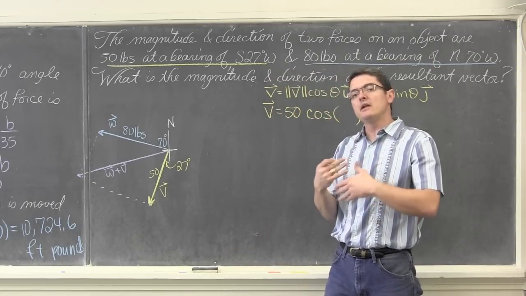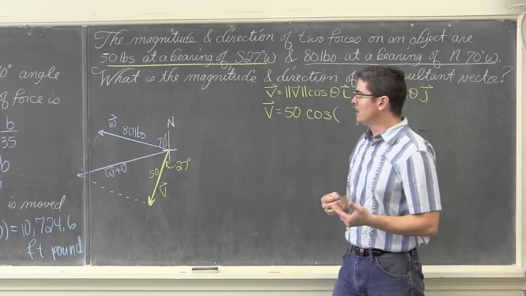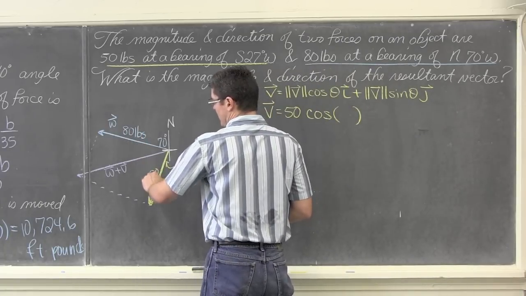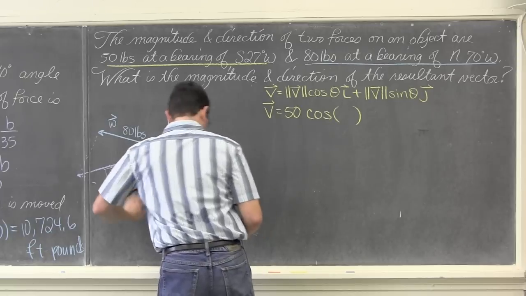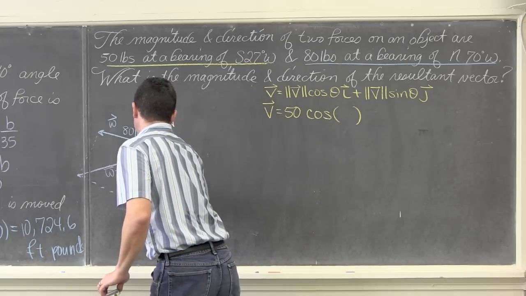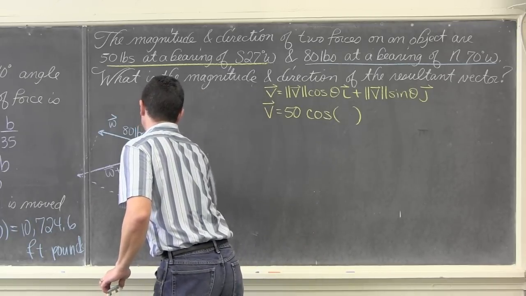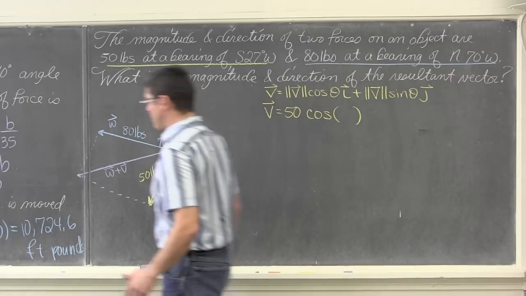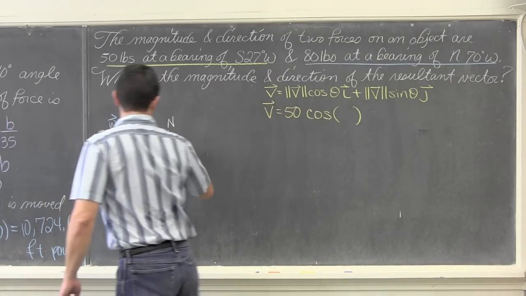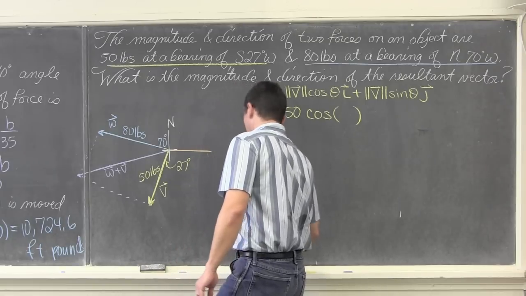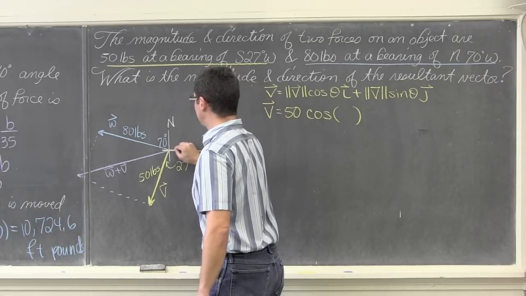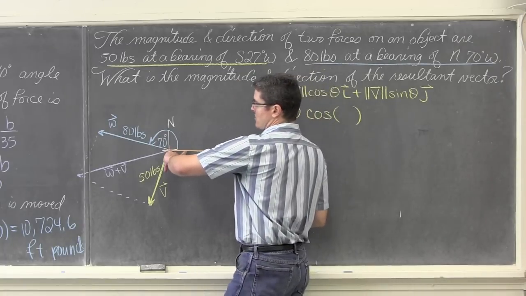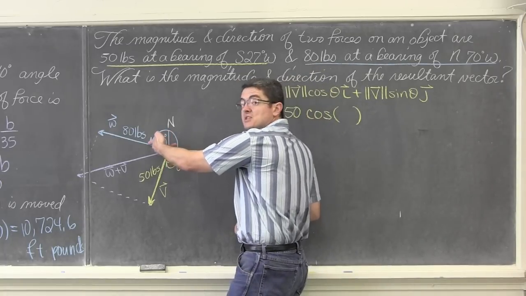It understands standard position rotation. So I need not just the force of each vector, the 80 and 50 pounds, but I need to know the standard position rotation. Remember, standard position rotation is off of the x-axis. So we've got a rotation of what? For vector W, that rotation starts from here and goes 90 and an additional 70.